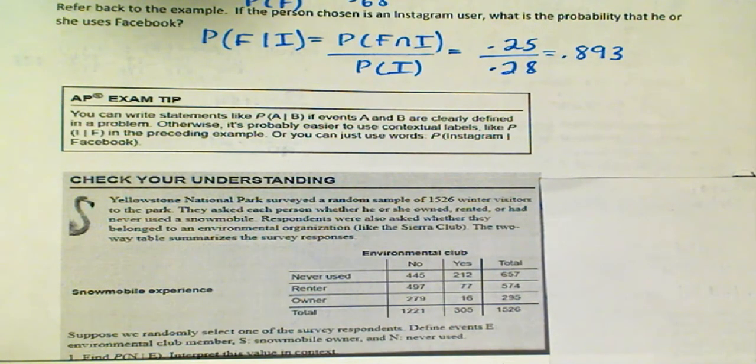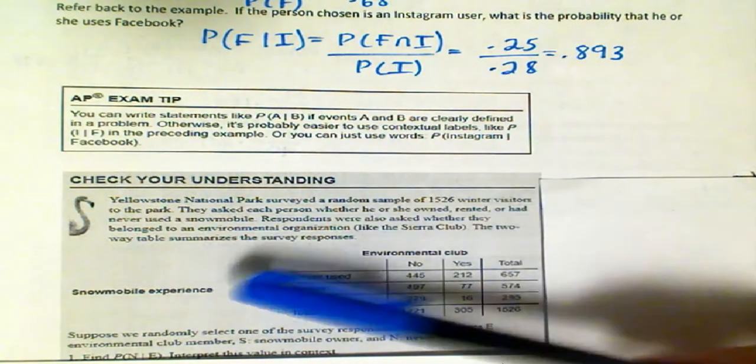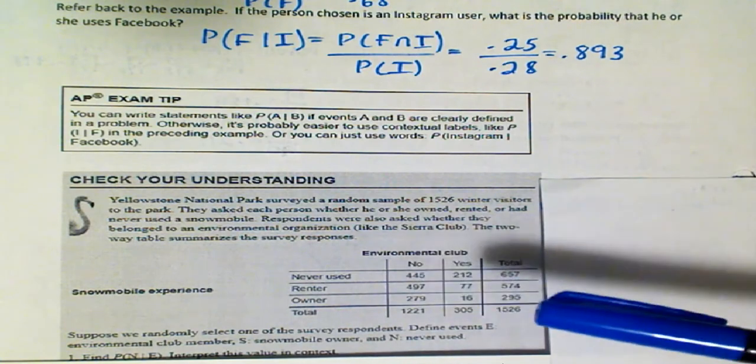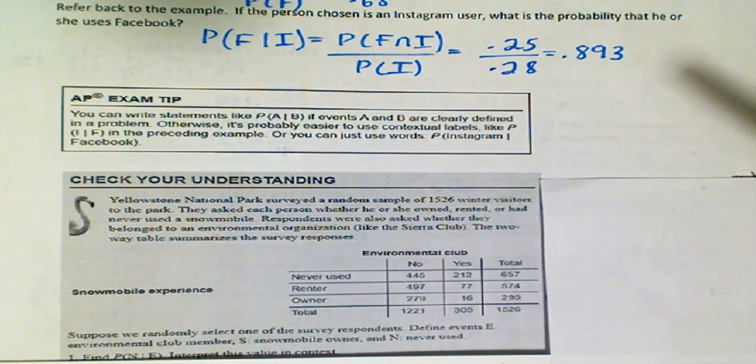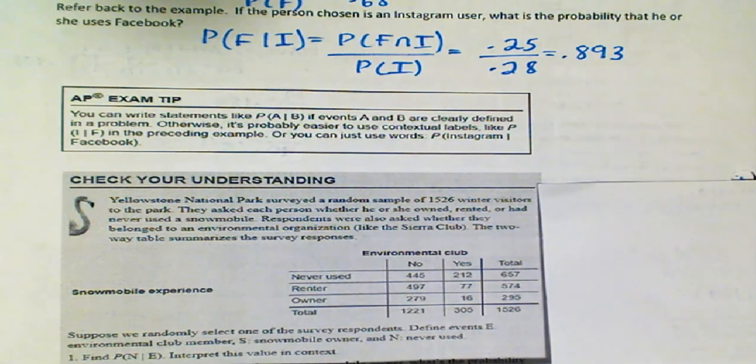The two-way table summarizes the survey responses. So, in the environmental club, yes or no, snowmobile experience, never used, renter, or owner. Okay. Suppose we randomly select one of the survey respondents. So we're going to pick one of these people. E stands for environmental club member, that they are. S stands for snowmobile owner, and N stands for never used.